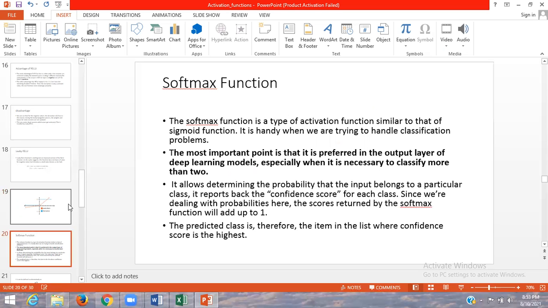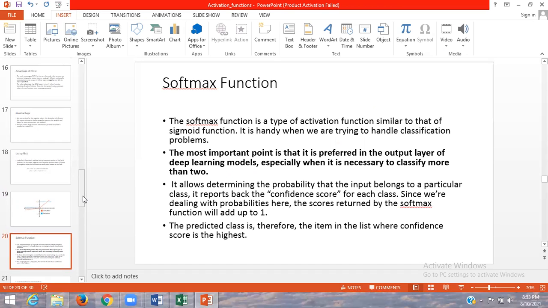Now the next function will be the softmax function. Softmax function is an activation function which is generally used at the output layers, and the values are calculated based on the confidence score. Softmax is very much similar to the sigmoid function, but we can use the softmax function to classify multi-class problems also.